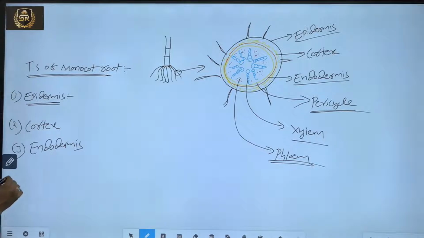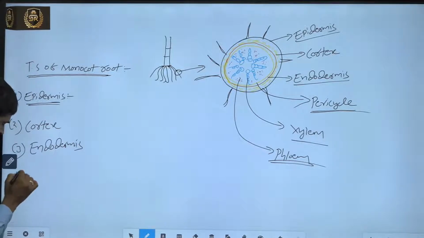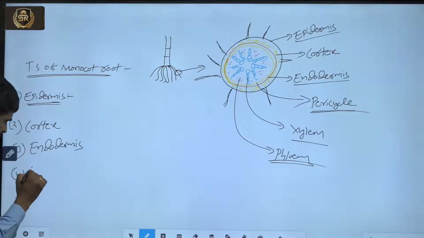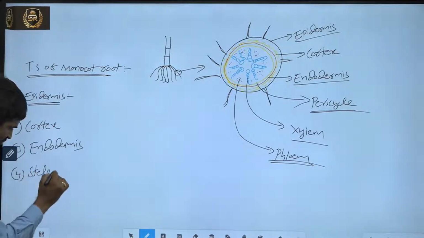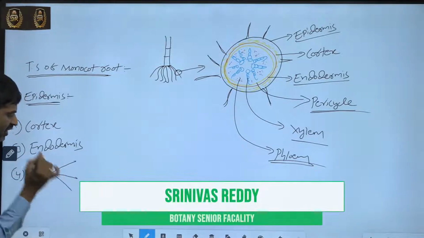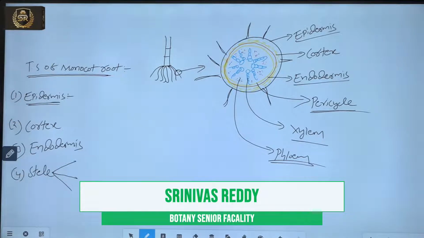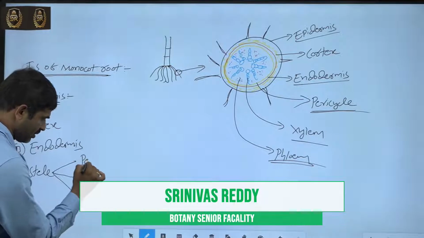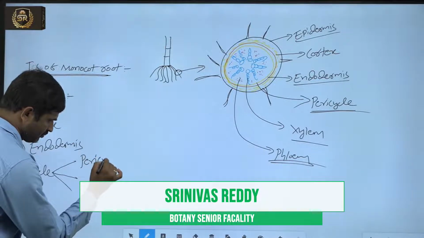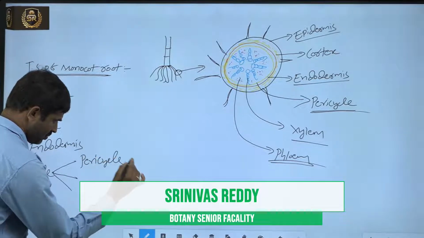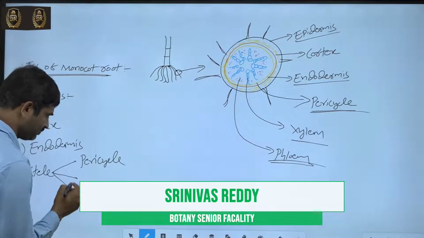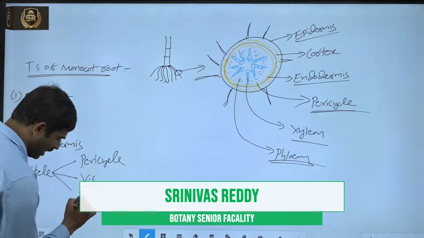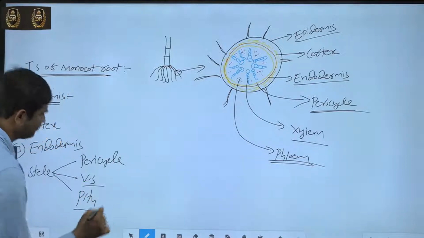And stele. Stele can be divided into three parts: pericycle, vascular tissue, and pith.